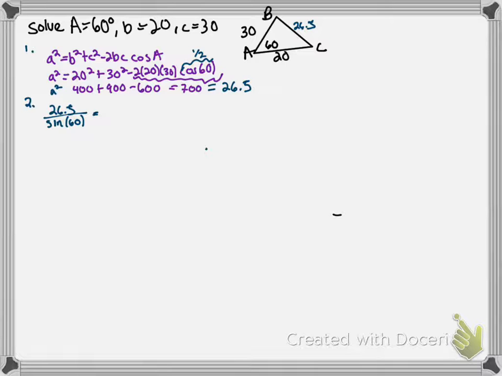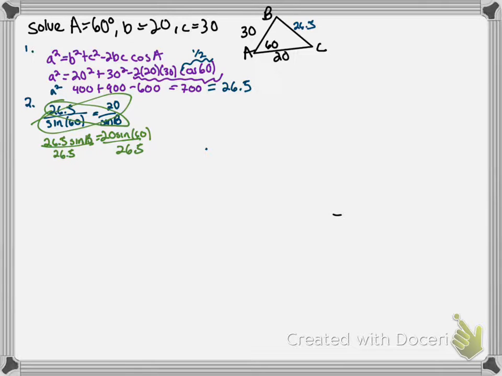B is 20 over sine of B. We're going to cross multiply again. 26.5 times sine of B equals 20 sine of 60. Divide by 26.5. Okay, give me a second.